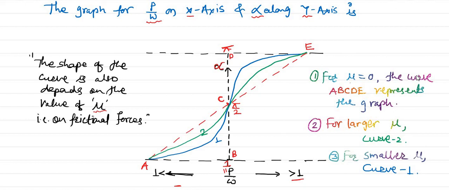So for mu is equal to 0, that means if the frictional forces are absent, then the normal curve will be A, B, C, D, E, because at mu is equal to 0 we know that the resonance will be maximum, and p by omega is equal to 1, and at resonance when mu is equal to 0, our alpha value will be pi by 2.